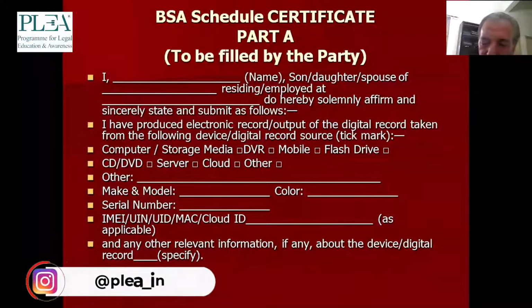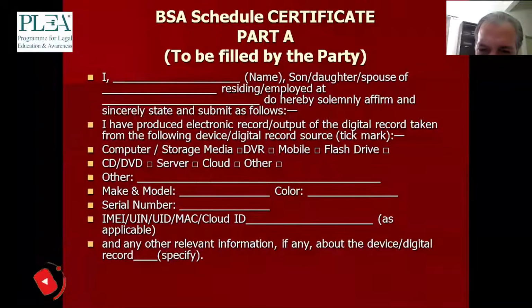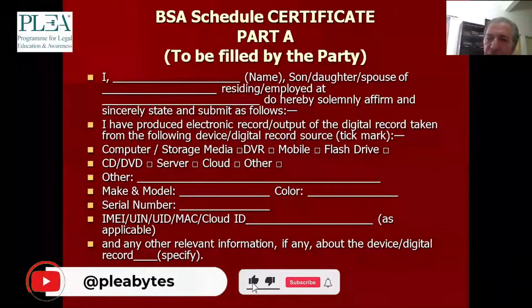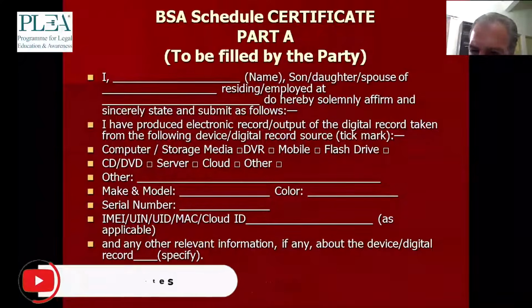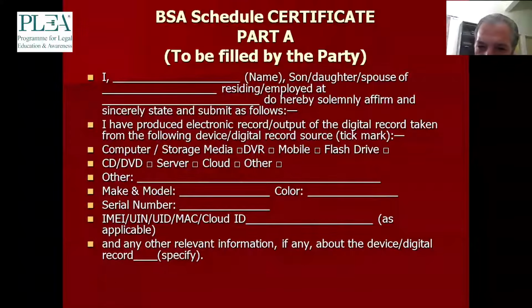Then IMEI, that is International Mobile Equipment Identification in case of mobile, UIN, UID, MAC in case of, say, media access control layer of this computer, cloud ID as applicable, and any other relevant information, if any, about the device or digital record, and that is to be specified.